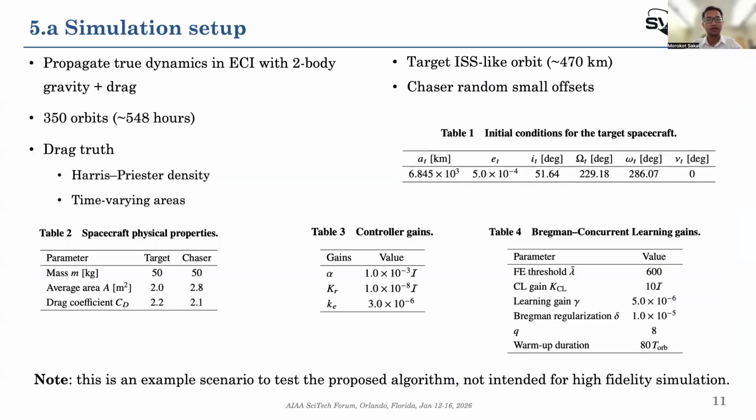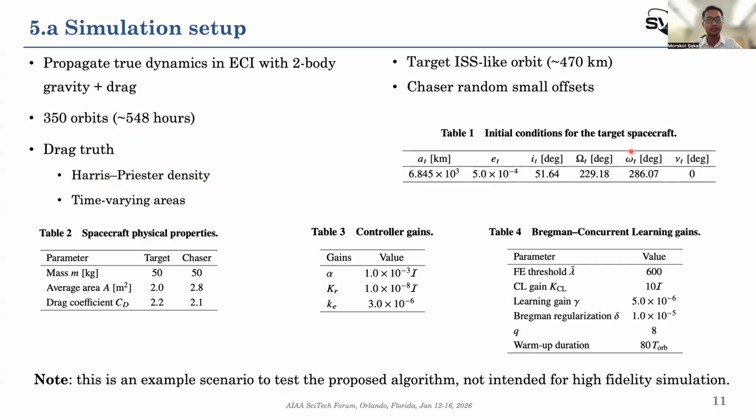So the next part, I would like to talk about simulation. For the simulation, we will use the dynamics of a spacecraft in low orbit using two-body gravity plus some drag modeling. The simulation will run for 350 orbits, a little bit long. For the drag model, we only use the simple Harris-Priester density model.